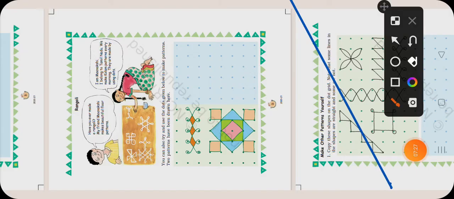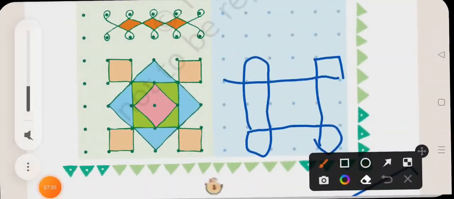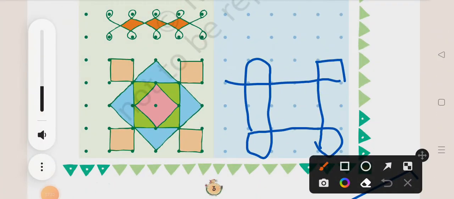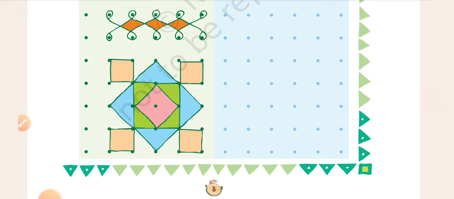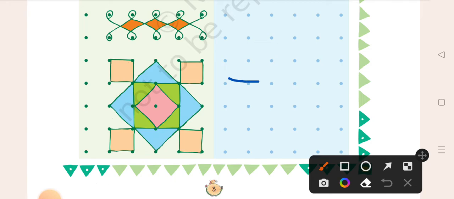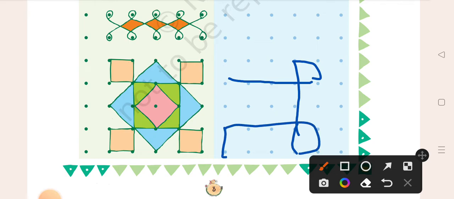Wait. We have drawn a line. We make a square, we again draw a line, we draw a square, we again draw a line, and again a square, and again a line and a square.